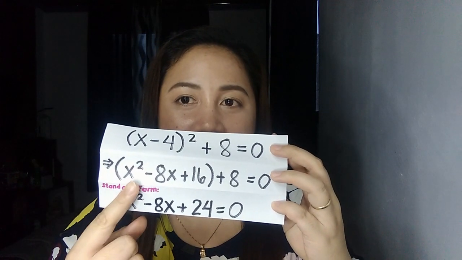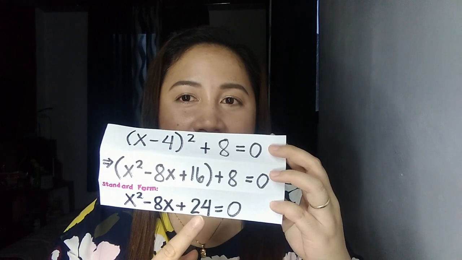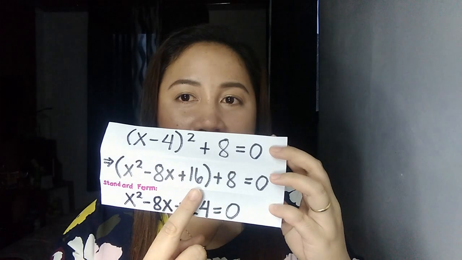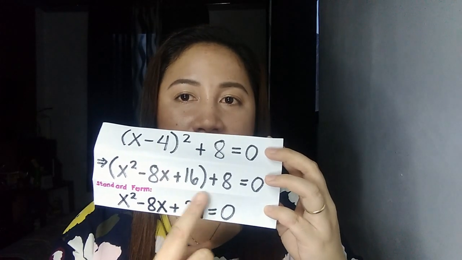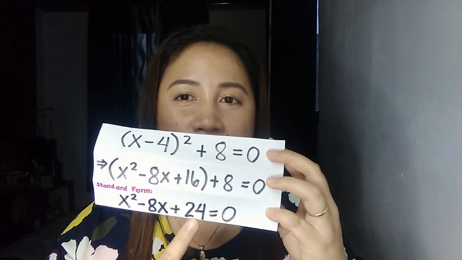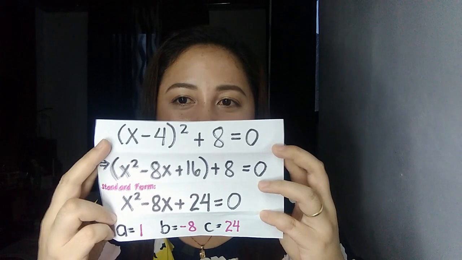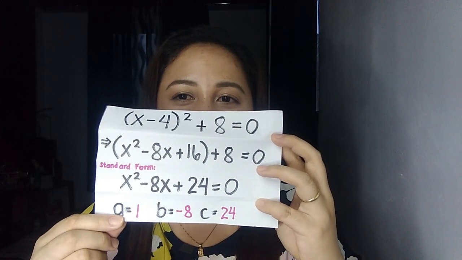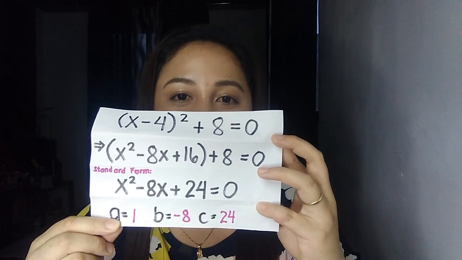Okay? So, yan yung x squared. And then 8x. And then, paano naging 24? 24 is the combination of the two constant terms. So, 16 and 8, that is 24. And the coefficients of our quadratic equation in standard form, A is equal to 1, B is equal to negative 8, and C is equal to 24.